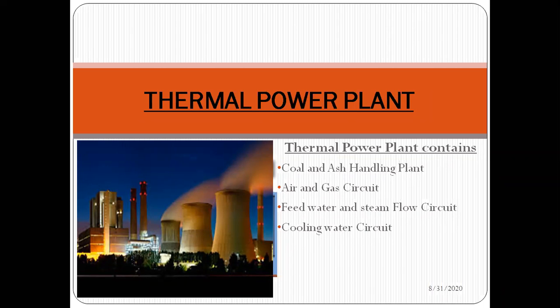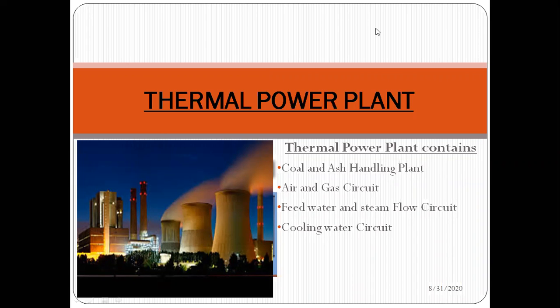After that, in the boiler there is water, and this water is converted into steam. This high pressure steam then strikes the turbine, and the turbine starts rotating. This turbine is coupled with an alternator, and hence electricity is generated. This is all done under the feed water and steam flow circuits.